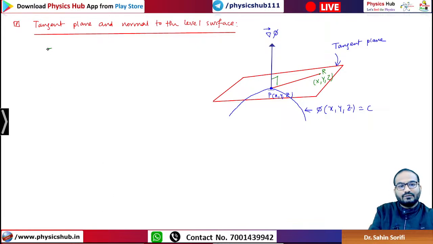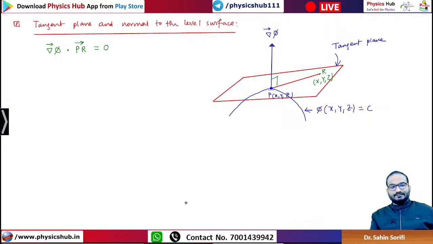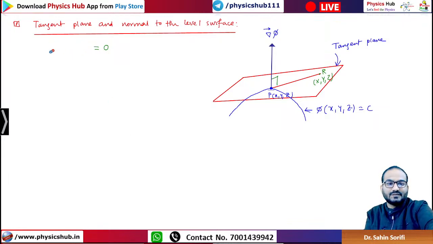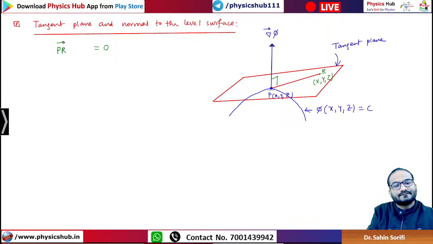So they will satisfy this condition that grad phi dot PR, this should be 0, cos 90 is 0, or the reverse thing is also true. You can also express it in this way. You can express it, let's say PR dot grad phi equals to 0.